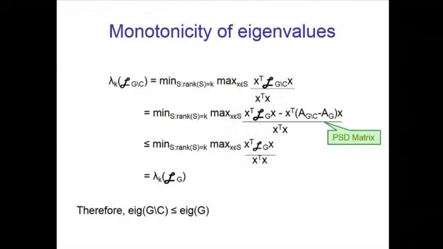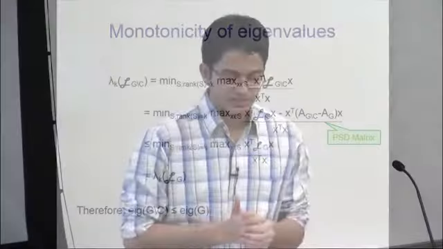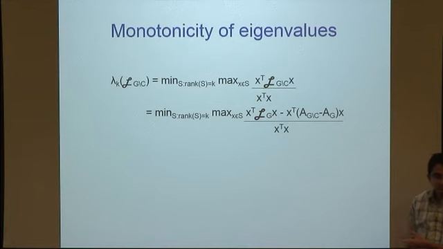Okay, so let k be an arbitrary number. The kth eigenvalue of G minus C is given by, you minimize over subspaces of rank k, and within that subspace, you maximize x transpose, the Laplacian of G minus C times x, divided by x transpose x. Let me just rearrange the summation and write it this way.